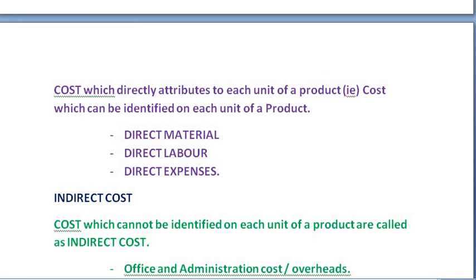But in the production process, without labor the product will not be manufactured, so we need labor. For those laborers we are paying wages. Those wages we can call direct expenses. And paying salary to a foreman or manager, that person is not directly involved but is part of the production process; he is required for the production process.